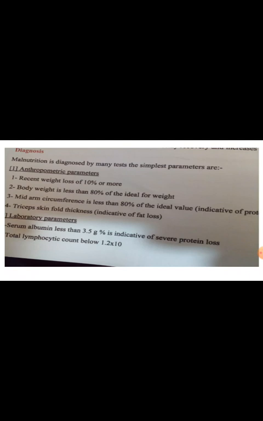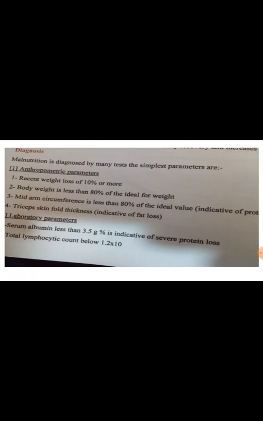If the patient lost 10% of his weight in the last 3 months, especially malignancy patients, this patient is malnourished, and we must correct this malnutrition pre-operatively to avoid complications.